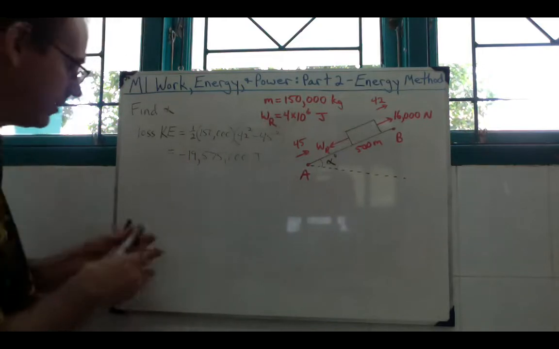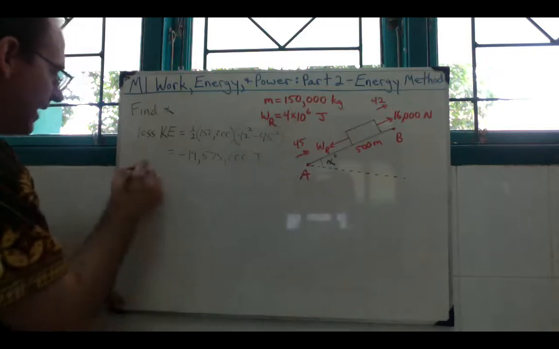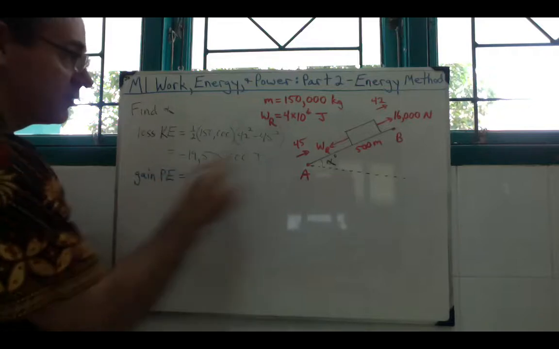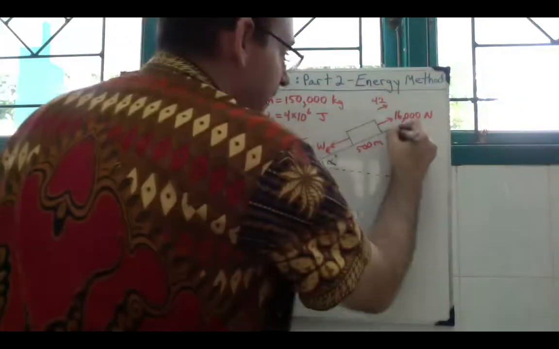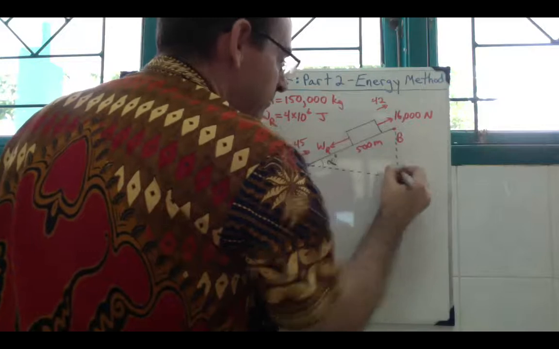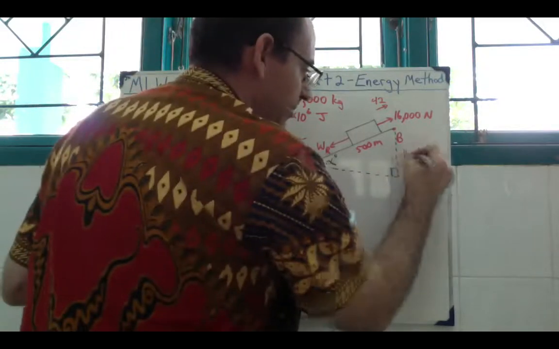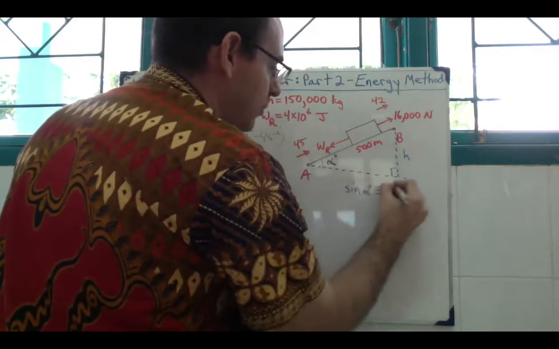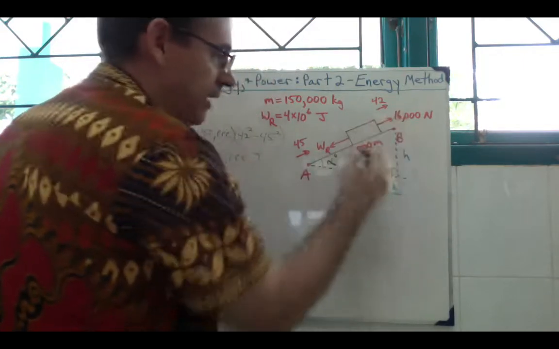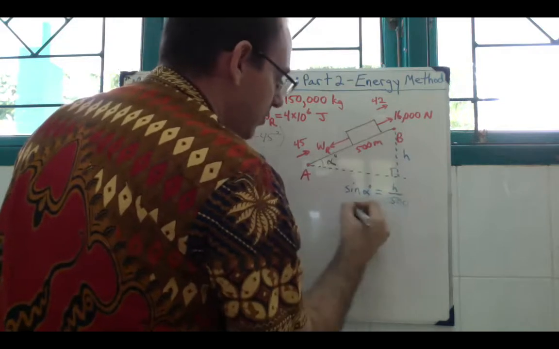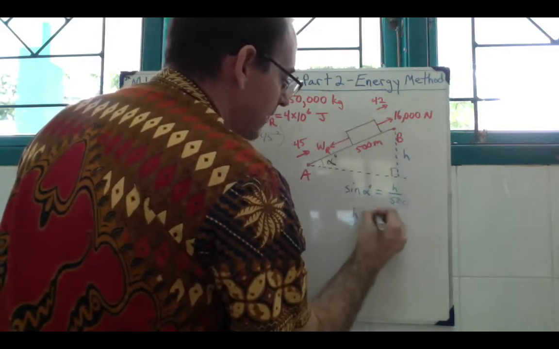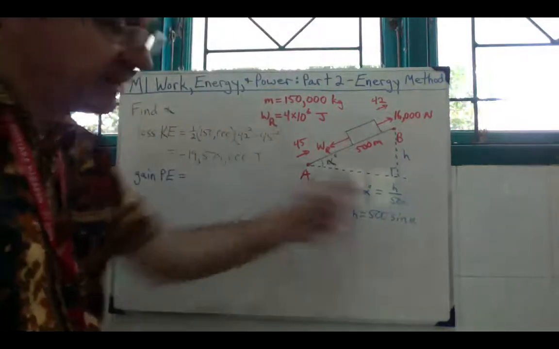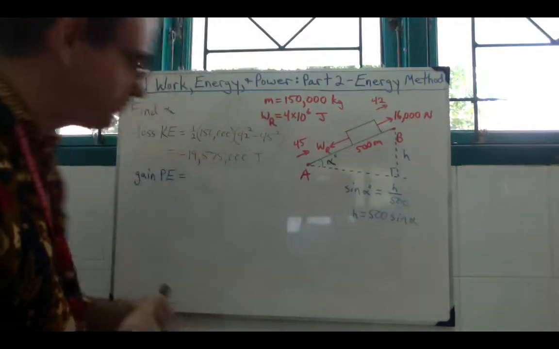Then if we look at our gain in potential energy, because we're going up, we need to find the height here. And so here's our height. So sine of alpha equals opposite over hypotenuse, and our hypotenuse is 500. So the height equals 500 sine alpha. So we still end up with an equation in terms of alpha.